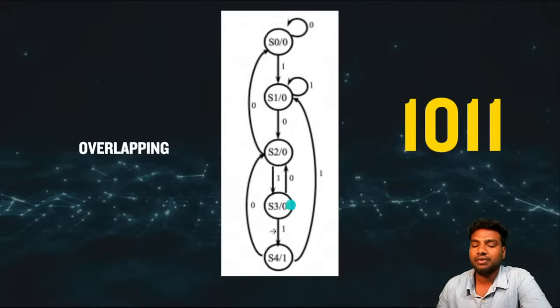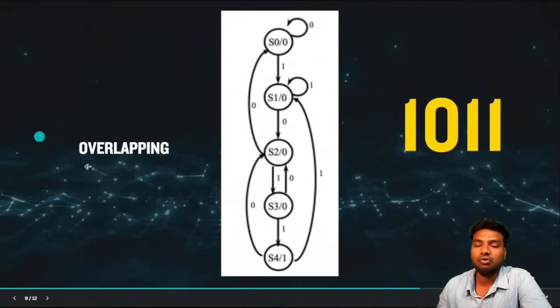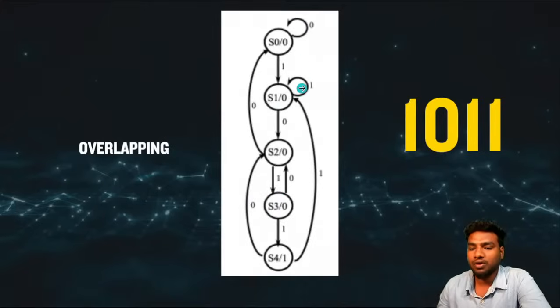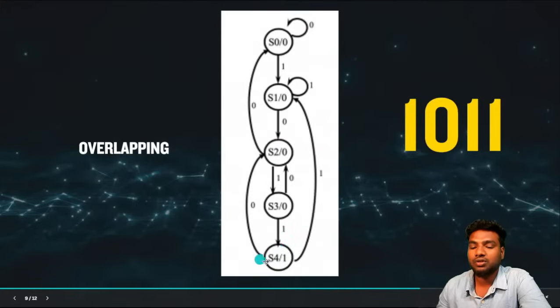Same thing, if it goes to the next state, it's overlapping. You can see here the S1 state already having 1, so it will go to the S2 state. If the S4 state has an input of 0, it will go to the S2 state. It means overlapping. Why?